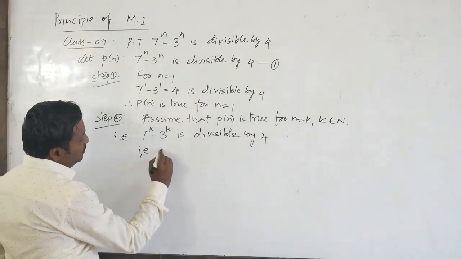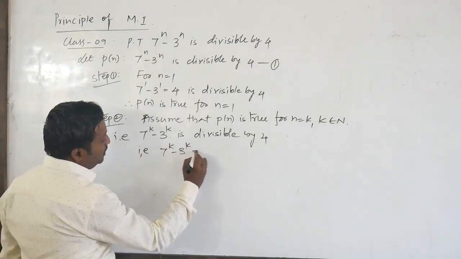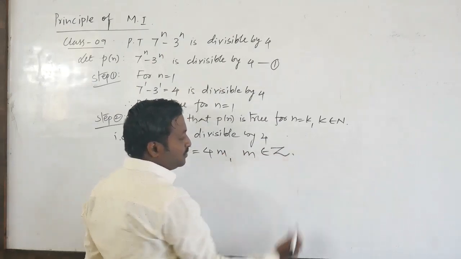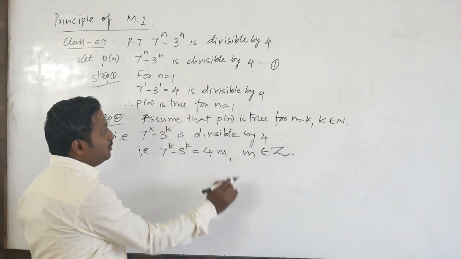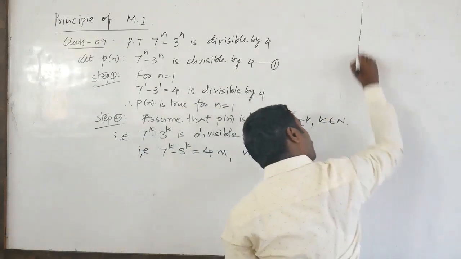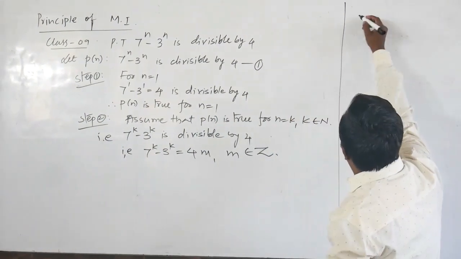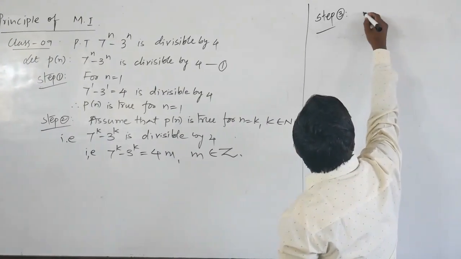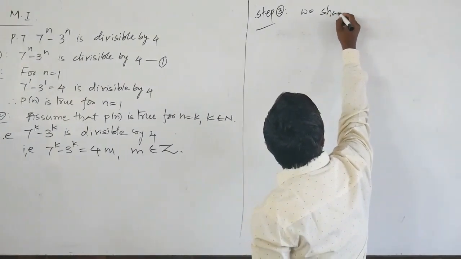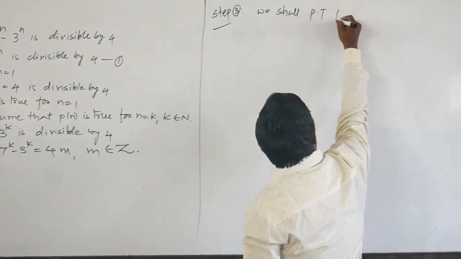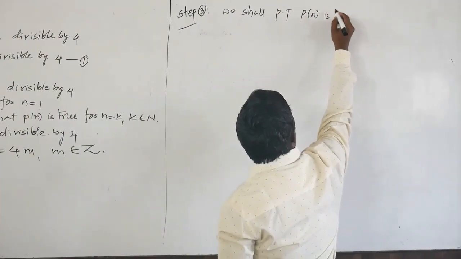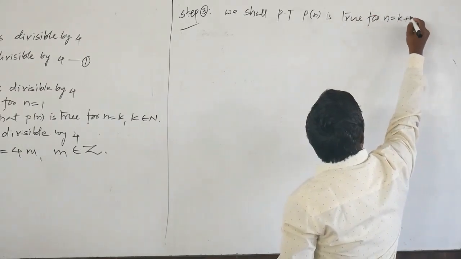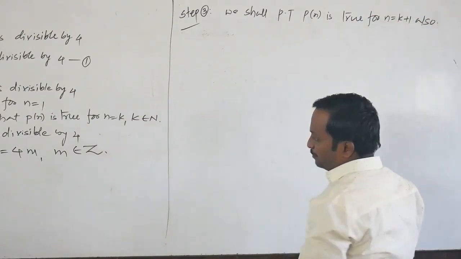That is, 7 raised to k minus 3 raised to k is equal to 4 into some number. Okay, so let us take this as equation 2, and move to the next step. Step 3: we shall prove that P of n is true for n equal to k plus 1 also.